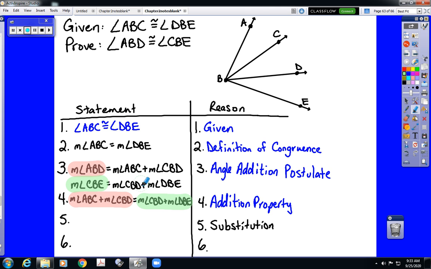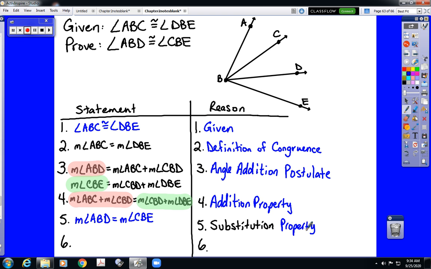See, measure of angle CBD plus the measure of angle DBE is a perfect match. So what we're going to do is we're going to substitute measure of angle ABD in for the left side of our equation, and we're going to substitute CBE in for the right side of our equation. Again, that is a substitution property step. A little bit annoyed with myself for not having the word property written after substitution.